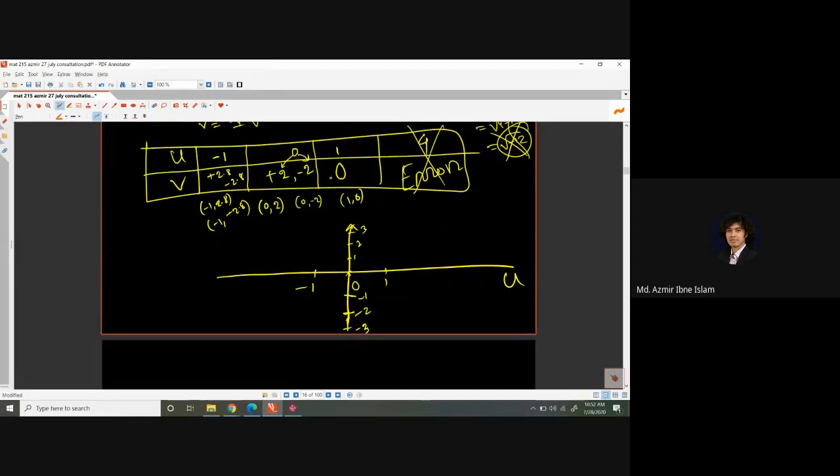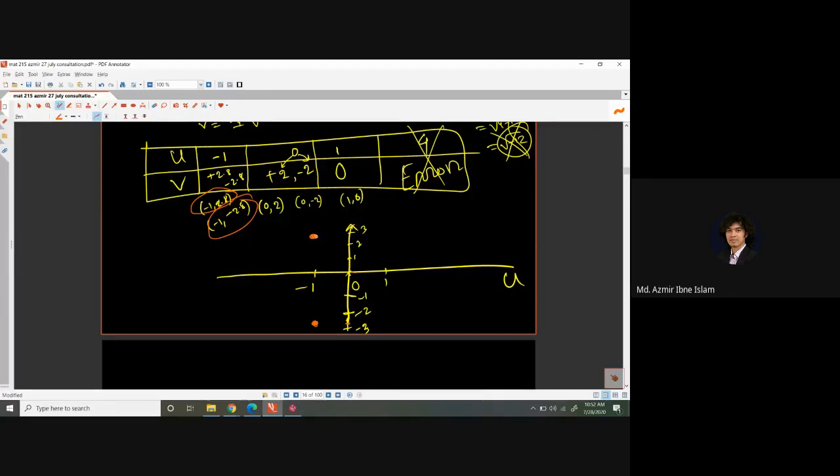First point, here we have -1, -2.8. The -2 point will be nearly here, right? It is -2, -3, so 2.8 is here. Clear? For -1, we have either -1, -2.8, and -1, +2.8.